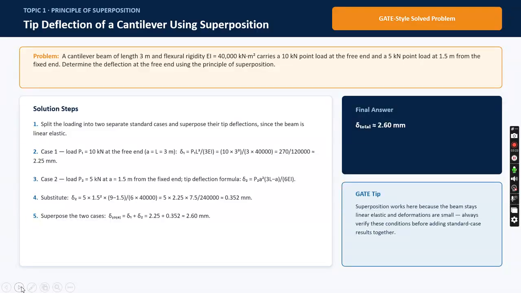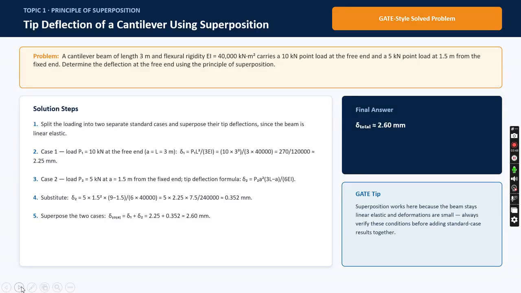Next, case 2: you have to take the 1.5 meter distance and the 5 kilonewton point load acting there. Now, the tip deflection formula from the fixed end: deflection 2 is equal to P2 into A square into (3L minus A) divided by 6EI.